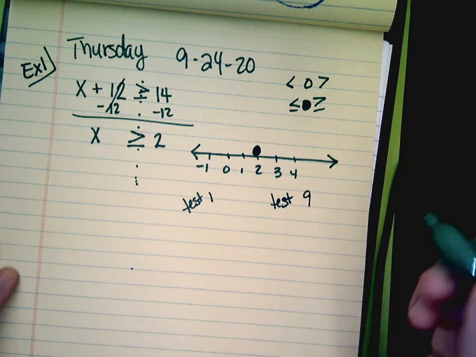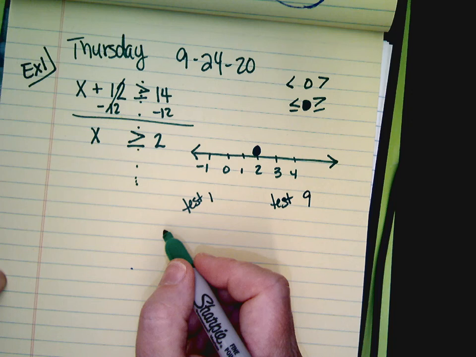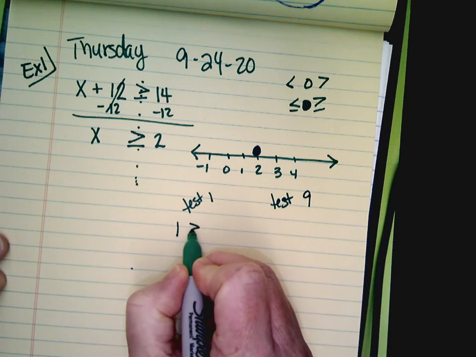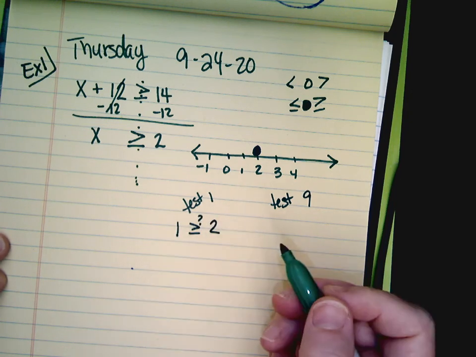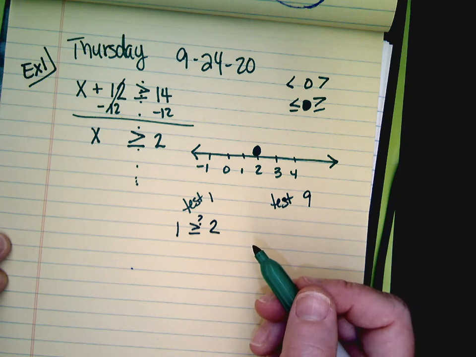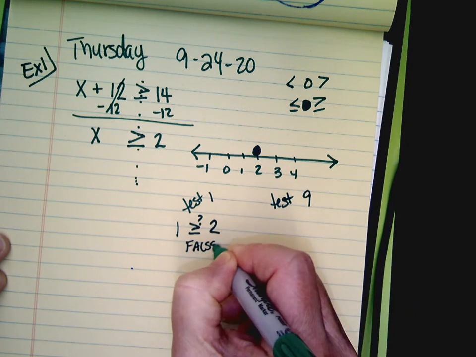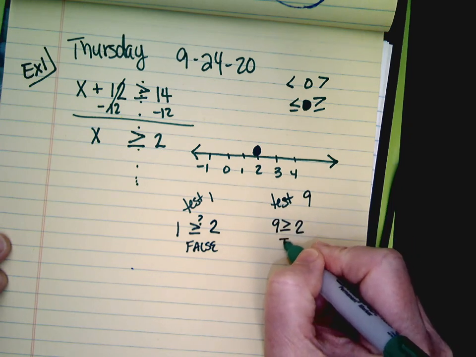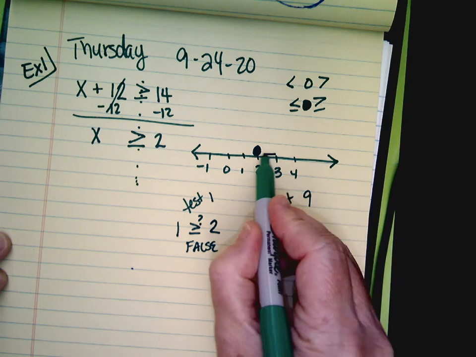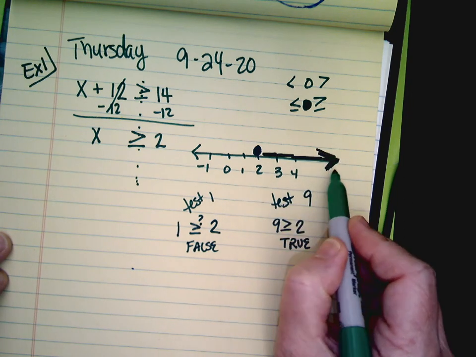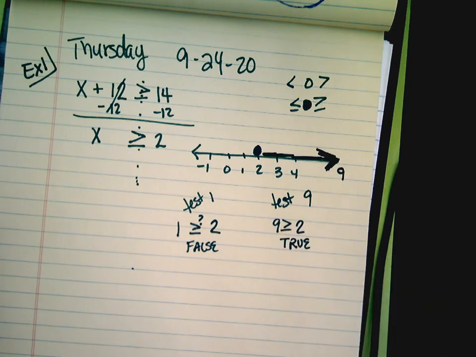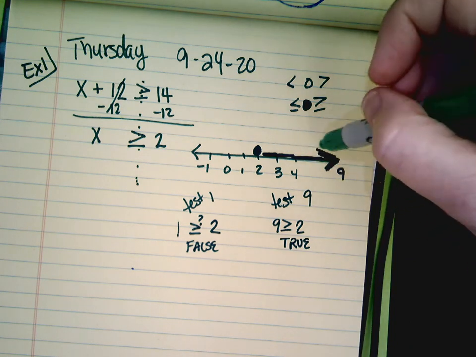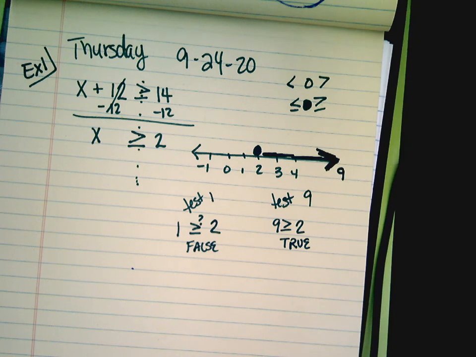Okay. You can use every single number on the right-hand side of 2 all the way out to infinity. Okay, that's how you handle an adding inequality.